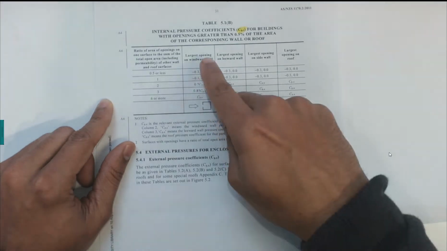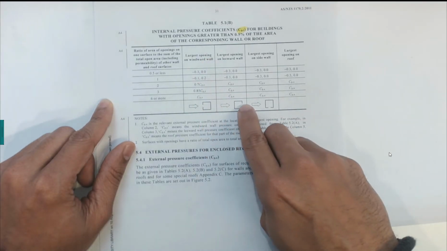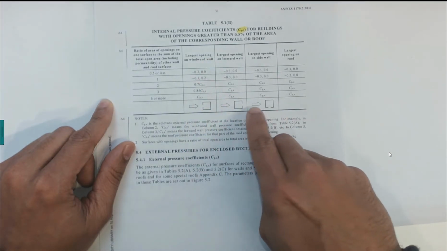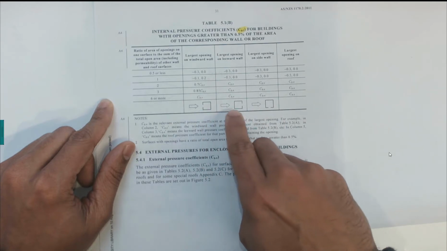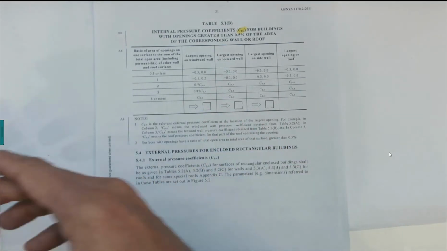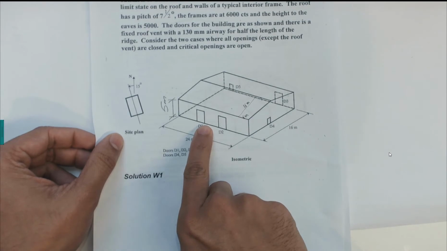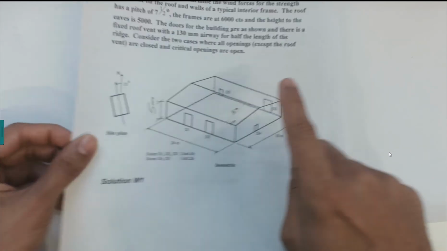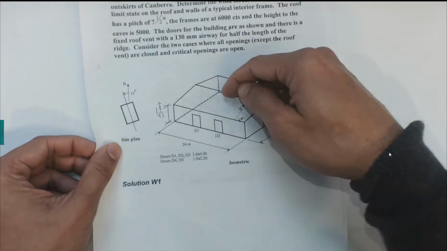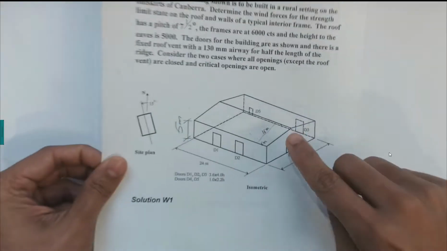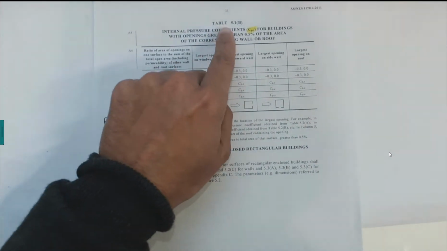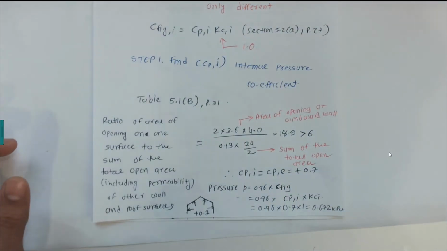For example, if the wind is coming from here and the opening is on the windward wall, we use this case. Opening on the leeward wall, we use this case. Opening on the side walls, we use this case to calculate the CPI. Now we are going to use 5.1b, as we have an opening on one of the surfaces.